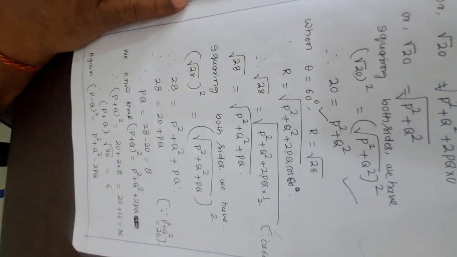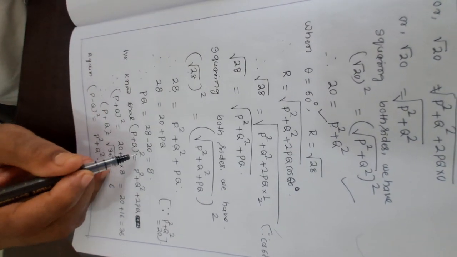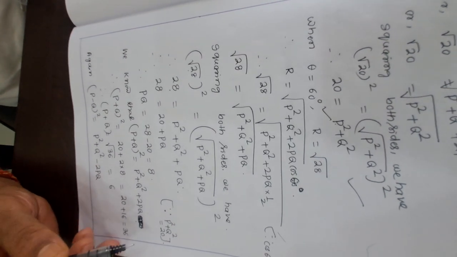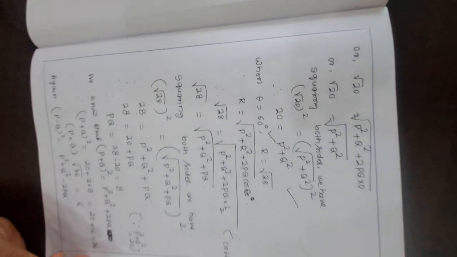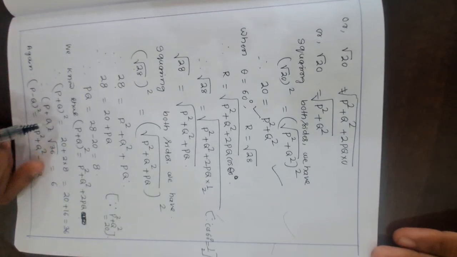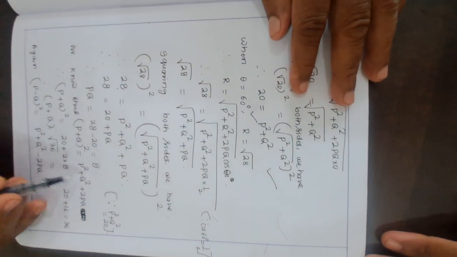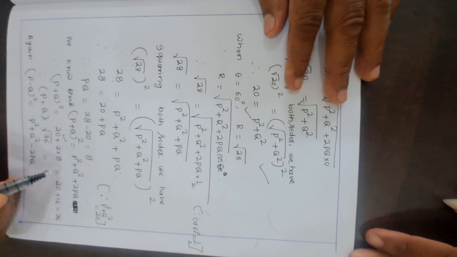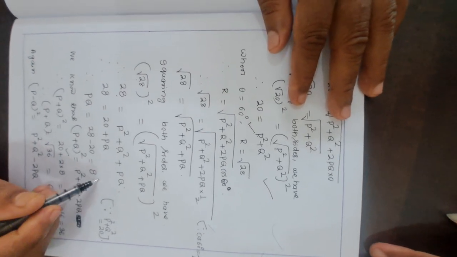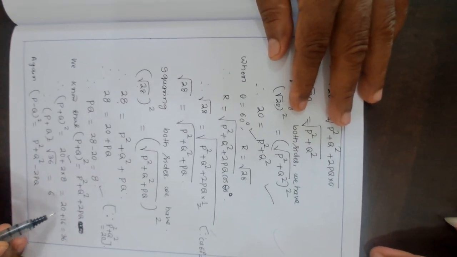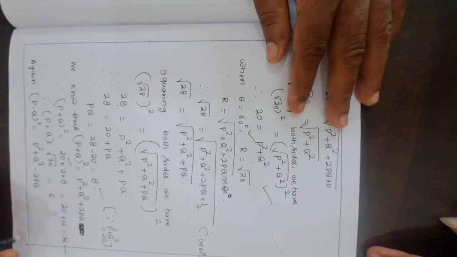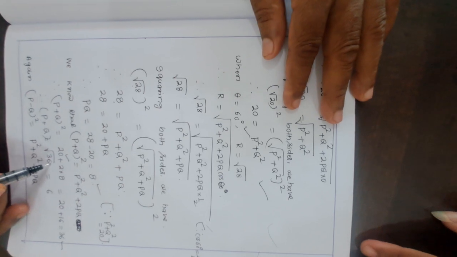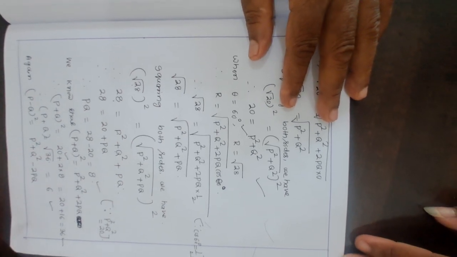We know that P plus Q whole square is equal to P square plus Q square plus 2PQ. After putting all the values, we have P plus Q whole square is equal to 20 plus 2 into 8, because PQ is equal to 8. Therefore, 20 plus 16 is equal to 36, or P plus Q is equal to root over 36, which is equal to 6.